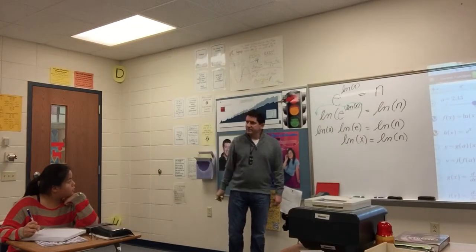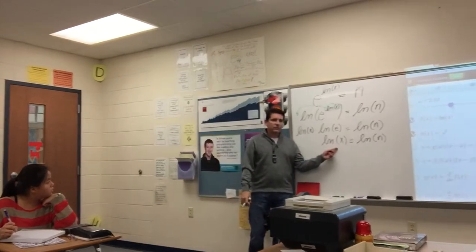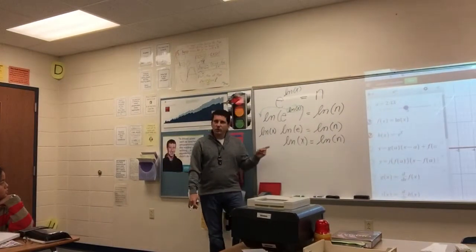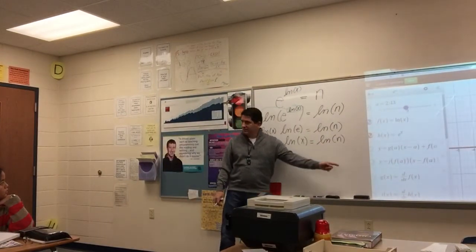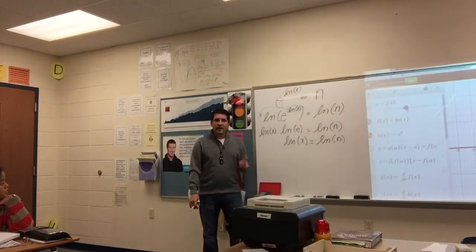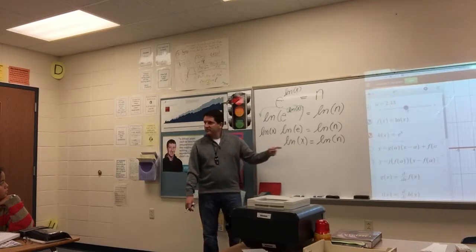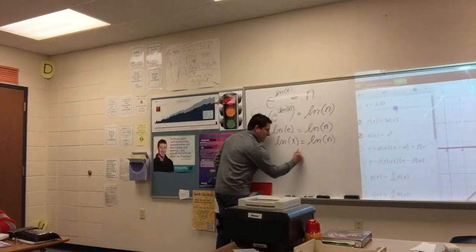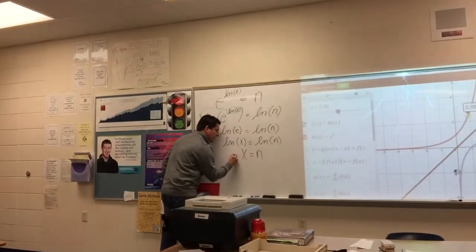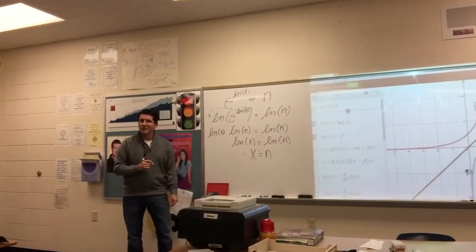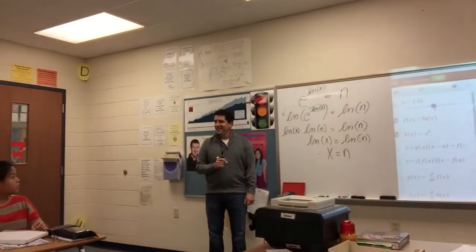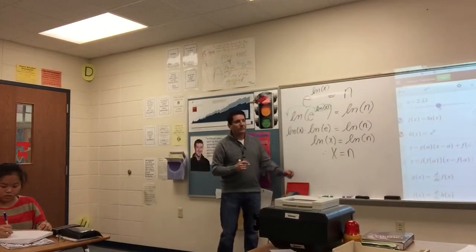Now wait a second. If the natural log of x is equal to the natural log of n, that must mean n equals x, or x equals n. So I can say x equals n. And why does that complete the proof?